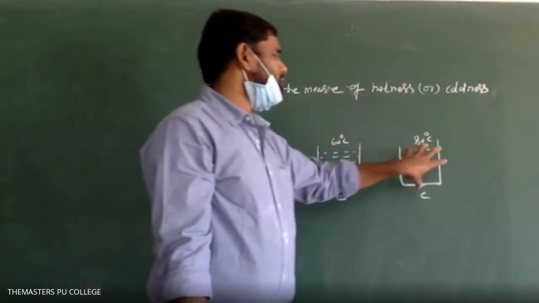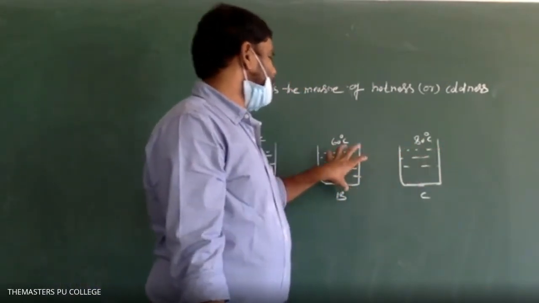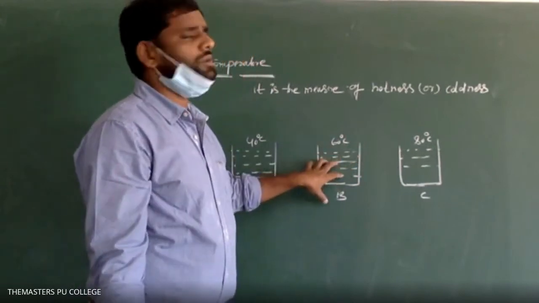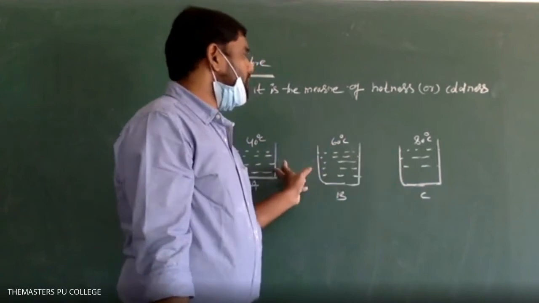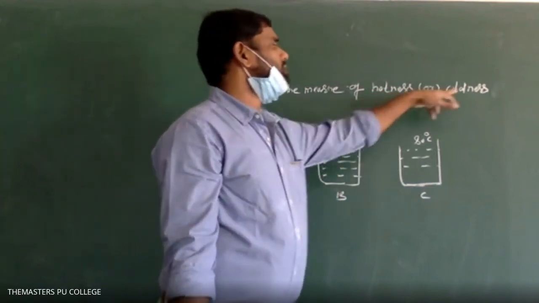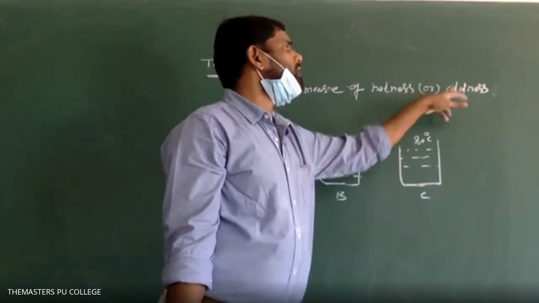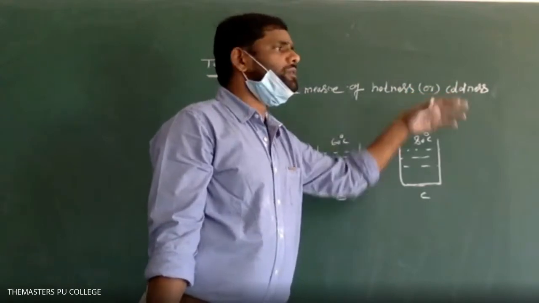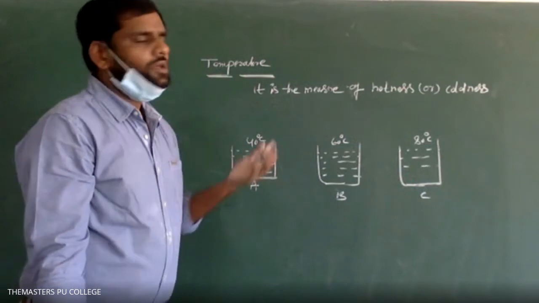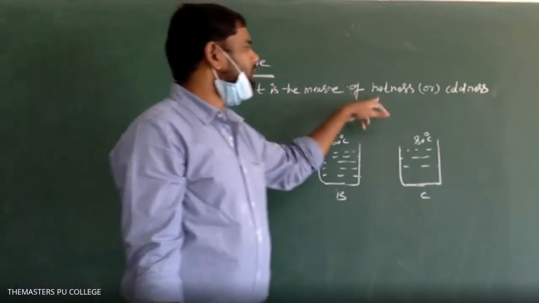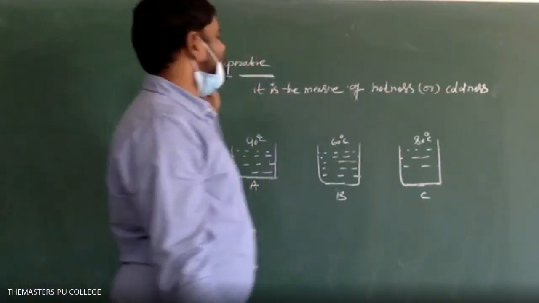When compared to the water in vessel C, the water in vessel B is colder. That's why temperature can also be measured by comparison. The hotness or coldness is with respect to the atmosphere. For example, with respect to the atmosphere, we can say that it is cold or hot. So the measure of hotness or coldness is known as the temperature.